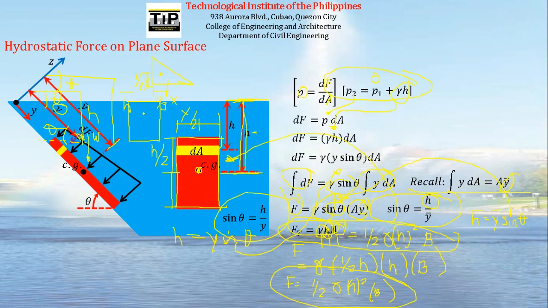Okay, nagsimula siya sa surface. So saka lang natin to pwedeng gamitin. Kasi kung nandito siya sa gitna, hindi natin magagamit yung 1/2 h. Kasi meron ka pang distance dito.